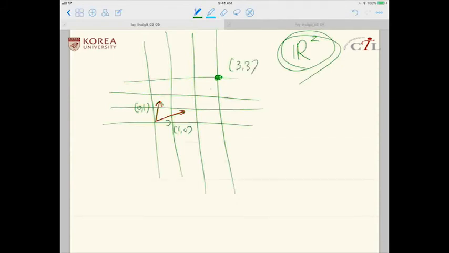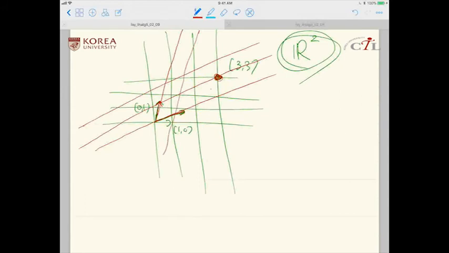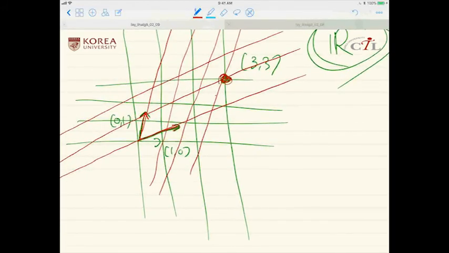But if we are going to use this new basis vector, what is the coordinate of this guy? So you understand that, right? What is the coordinate of this guy with respect to the new basis vectors? What is the answer?